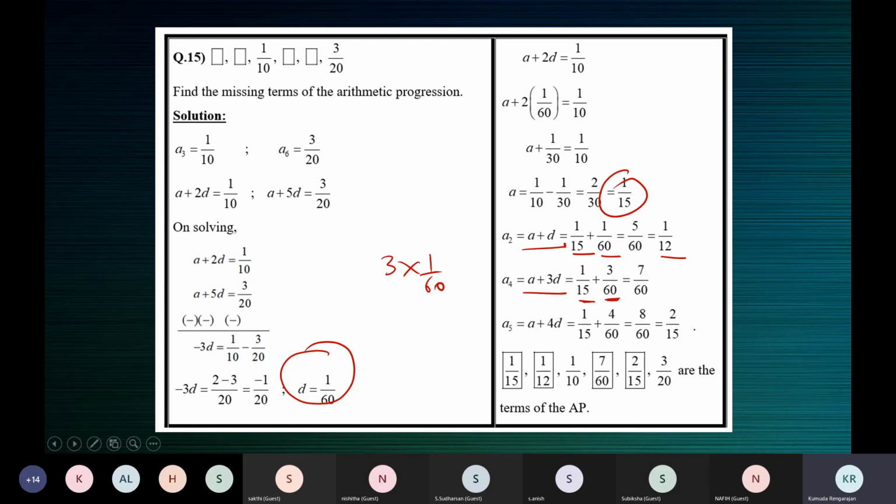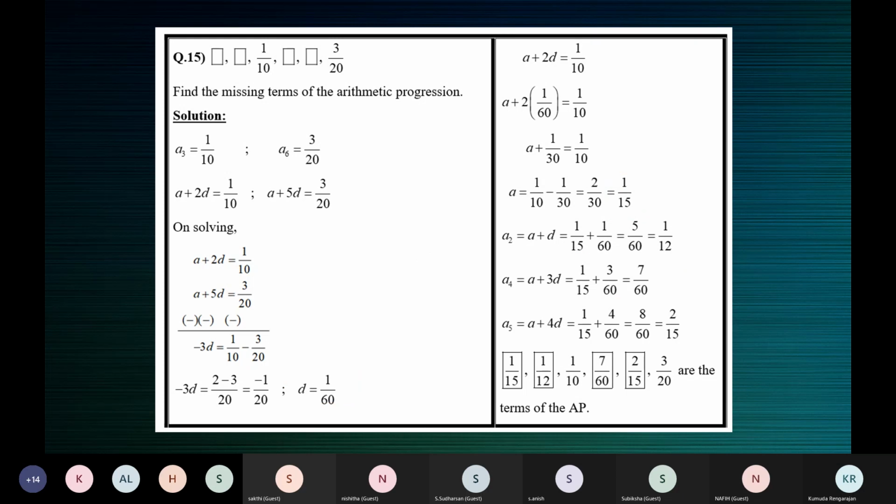So like this, we find the missing terms of the AP. Completed. All right.